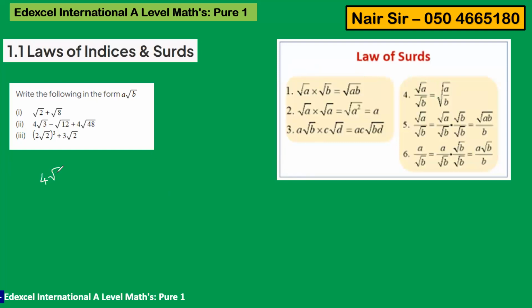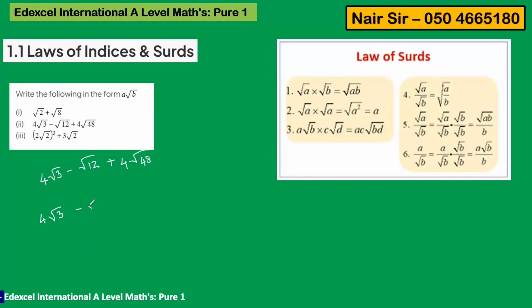4 root 3 minus root 12 plus 4 root 48. I will write this 4 root 3 as it is, minus.